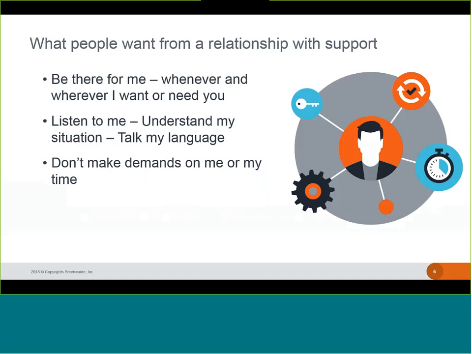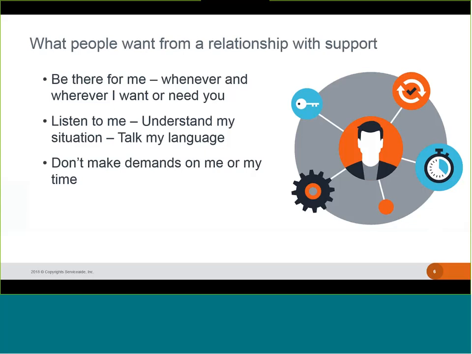So at the risk of sounding a little bit like a columnist for an advice for the lovelorn series, I'd like to take a quick look at what folks really want from their support team. From a support seeker perspective, it's all about me. After all, support's there to help me be productive and do my job as well as possible, right?